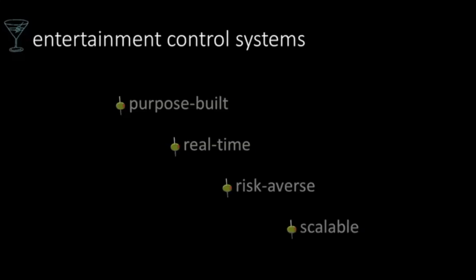And then we need things to be scalable. And scalability is a big deal because our rigs are getting bigger and bigger, right? We're adding tons of additional equipment, and our creative teams are expecting more and more from us.